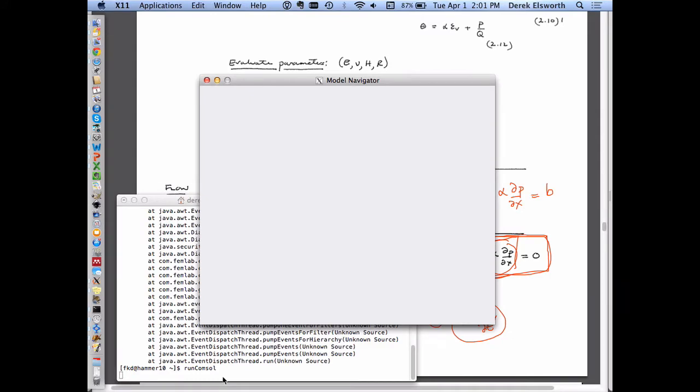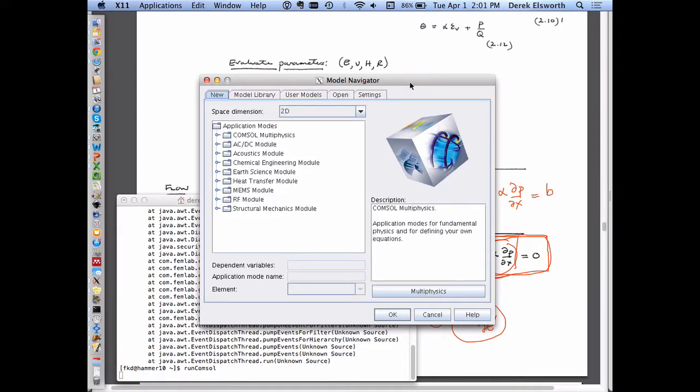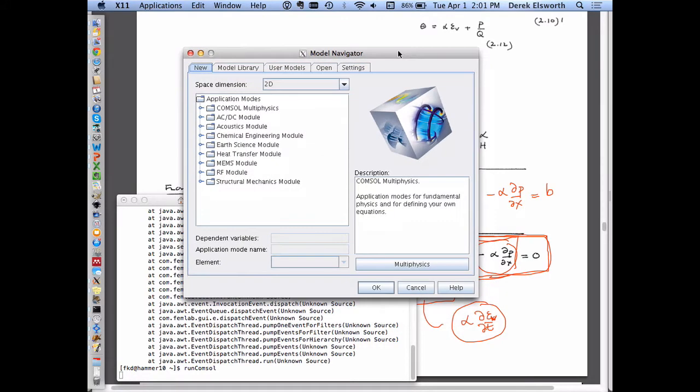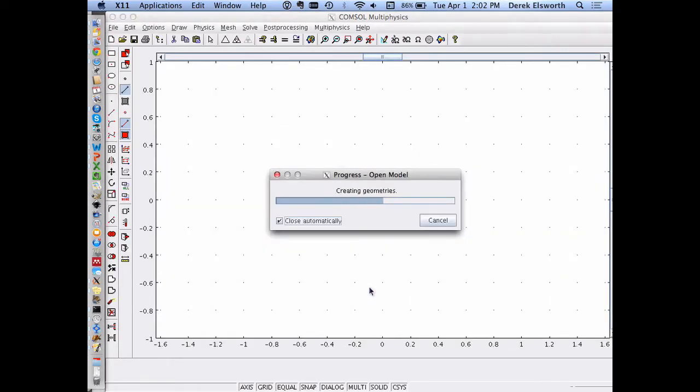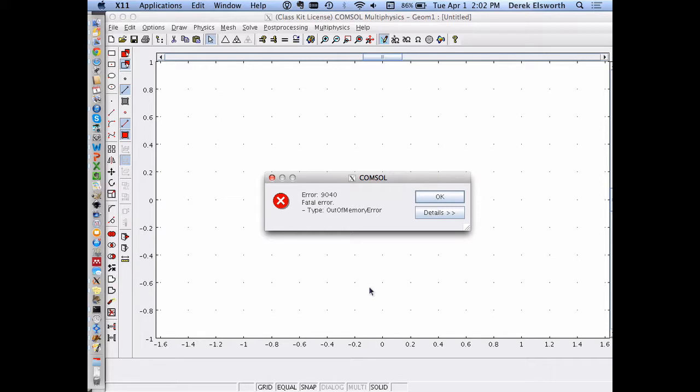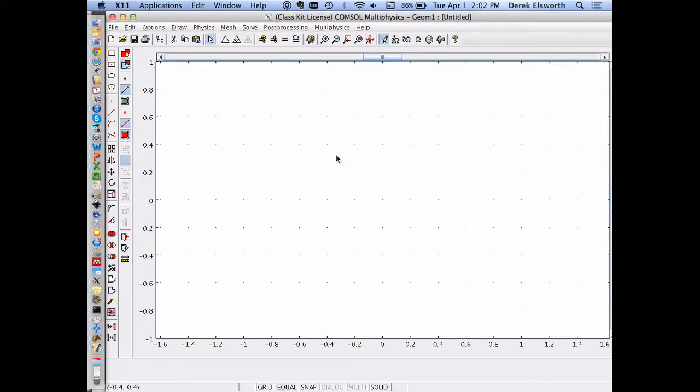Perhaps we'll have no choice but to do that. So let's try again. Ran before, I thought. So FL is FemLab. So let's see if it wants to run. Okay, doesn't want to do it. All right, let's do it by hand.